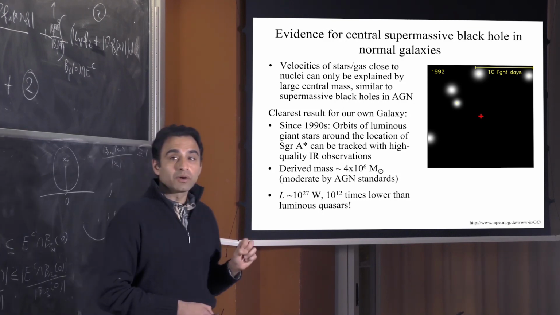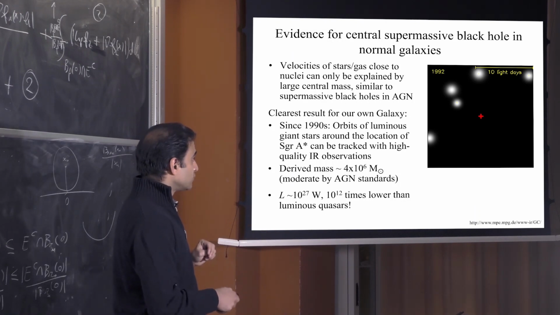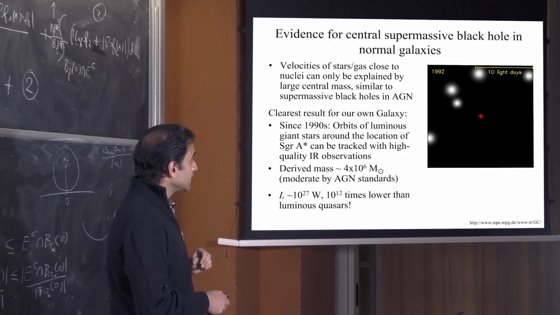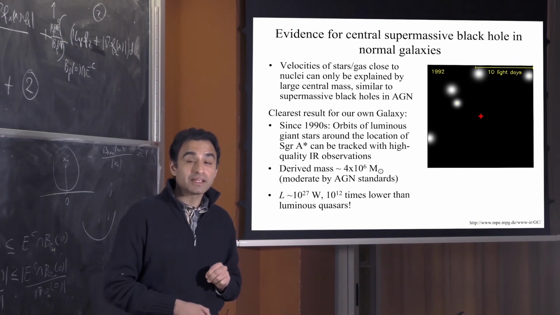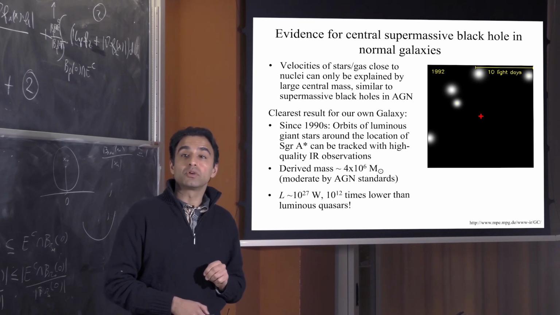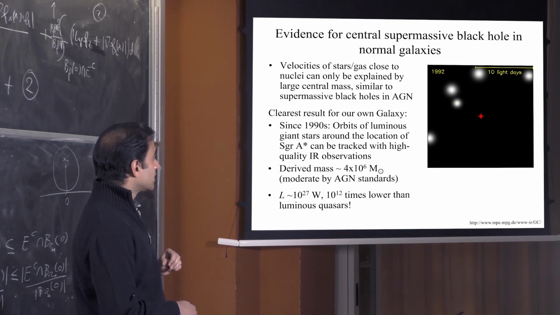So if you work out the dynamical conditions of this star, as well as all the other stars moving around the center, because over here, where the red cross is, most probably there is a supermassive black hole. In fact, you are able to retrieve a mass of 4 million solar masses.